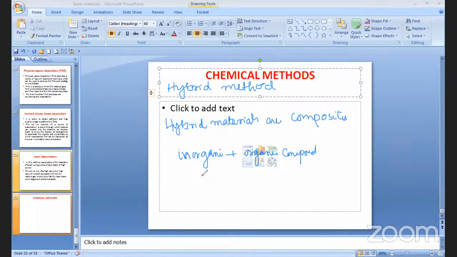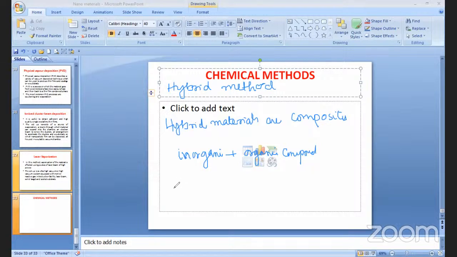Hybrid nanoparticles are expected to have larger applications in biomedicine, for materials formed with the help of this hybrid method.